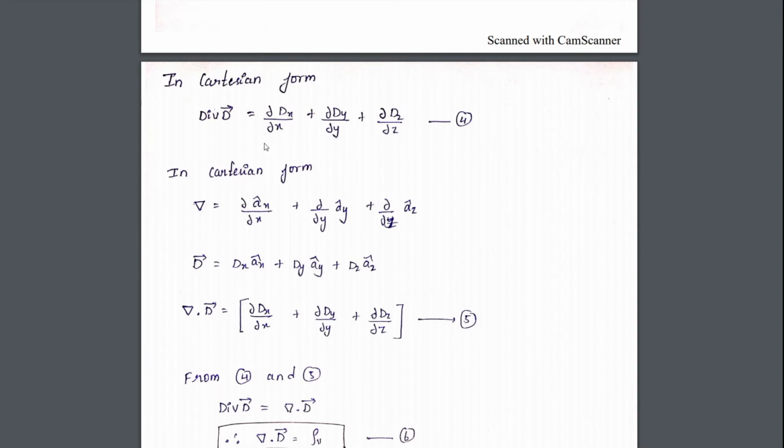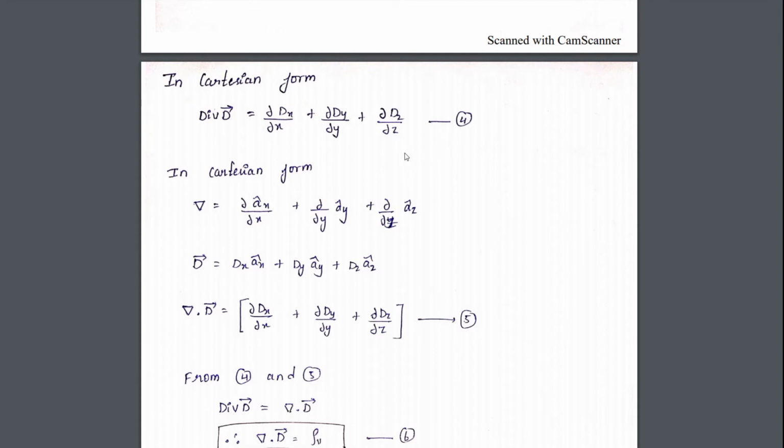So divergence D, I'm going to split it along x, y and z axis, and all of you should know in Cartesian form, divergence D is given as: dou Dx by dou x plus dou Dy by dou y plus dou Dz by dou z. So this is divergence D in Cartesian form.